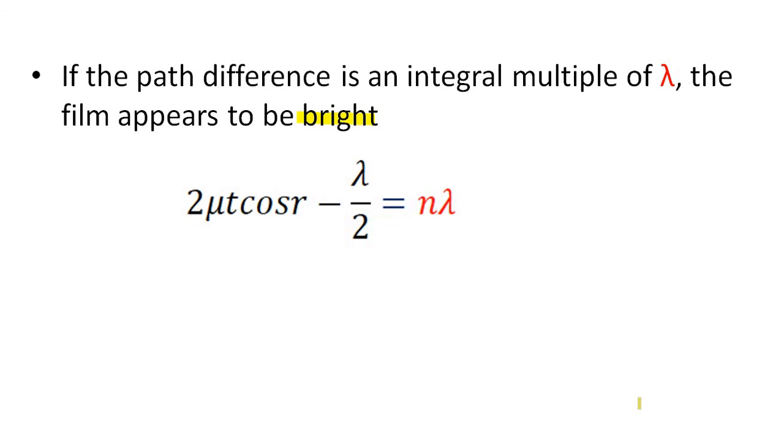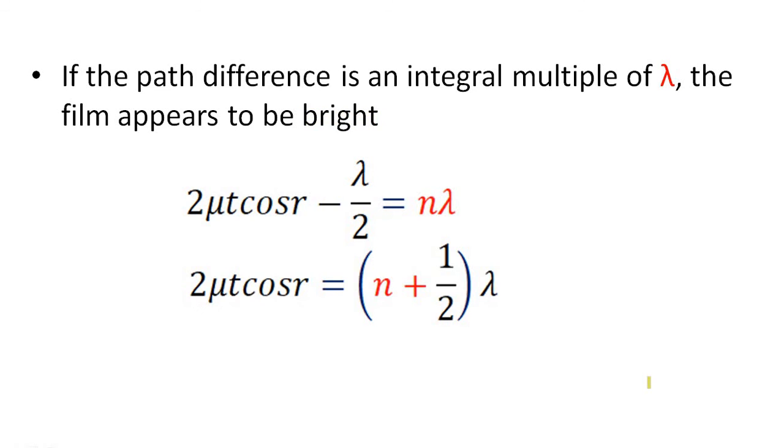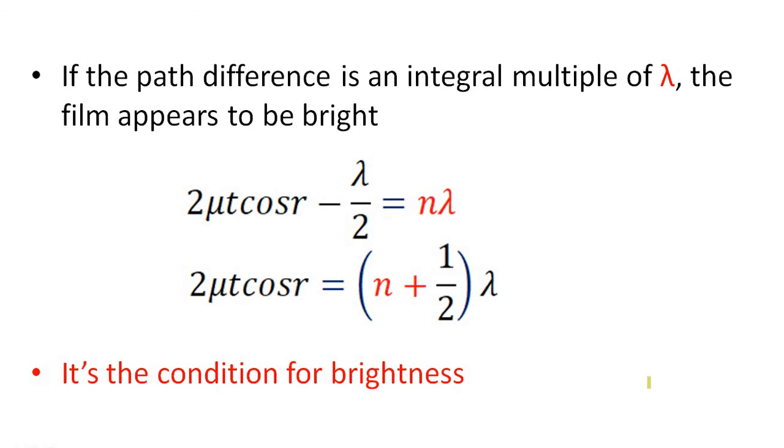In that case, the path difference will be equal to m lambda. Here also we follow the previous derivation. You can take this minus lambda by 2 to the RHS and rearrange the equation, and finally you will get 2 mu t cos r equal to n plus half lambda. Please check the previous derivation regarding steps. It is the condition for brightness.